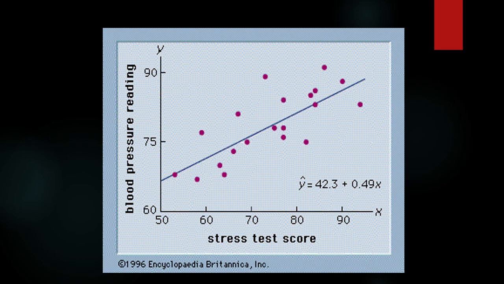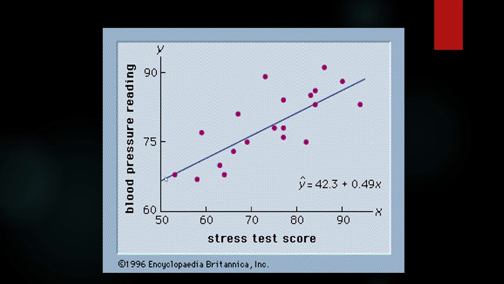For example, here we have a graph with many dots, and each dot represents a measurement. This is the stress test score, and that's the blood pressure reading.